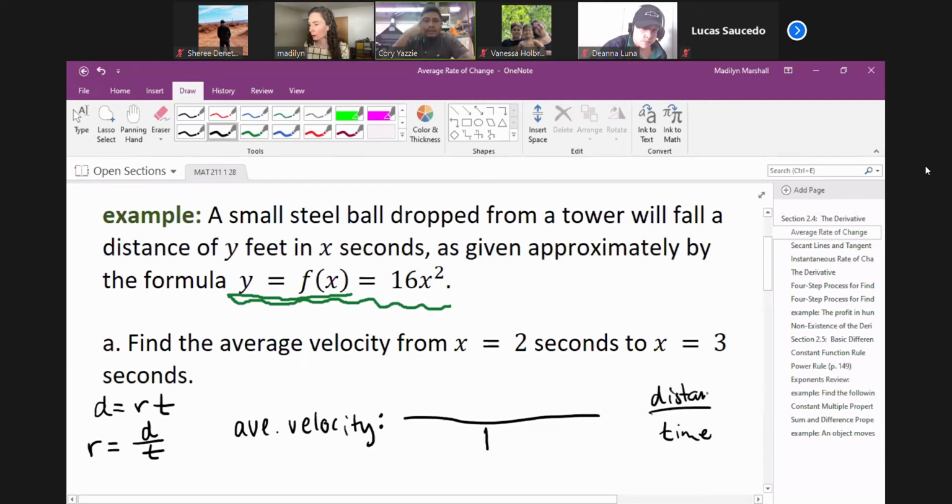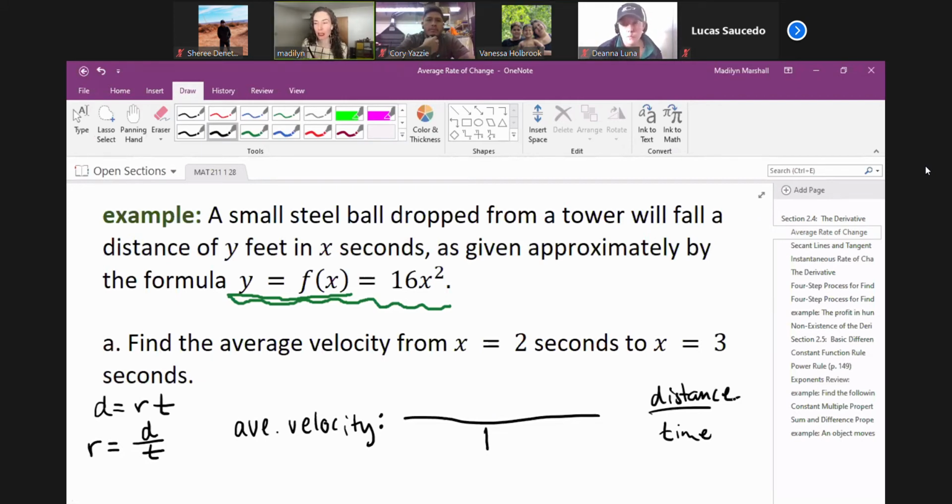Are we going to, I guess, replace the x with 2 and then the x with 3 and then add them and divide them by 2 to get the average? I think square root of 16. So we do want to plug in the 2 and the 3.